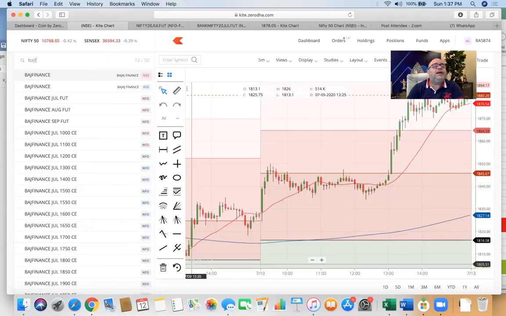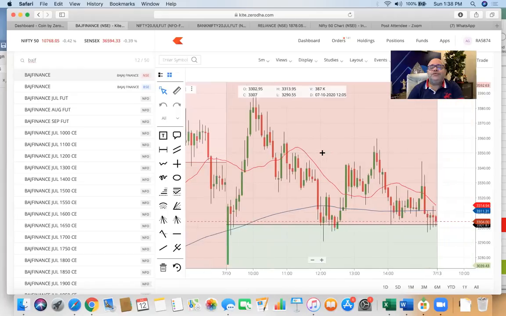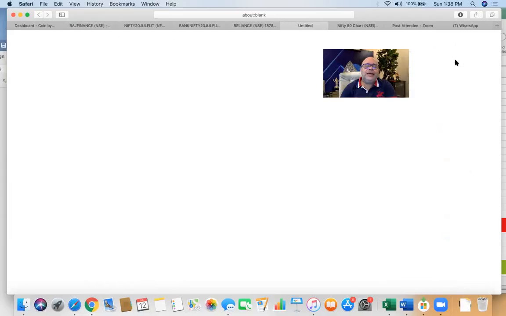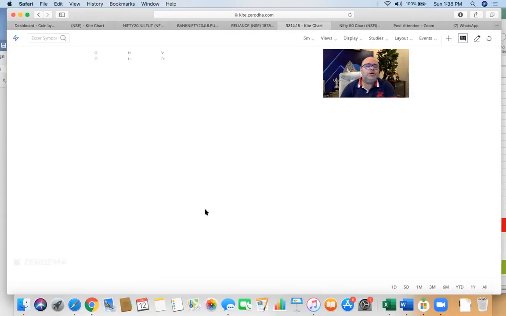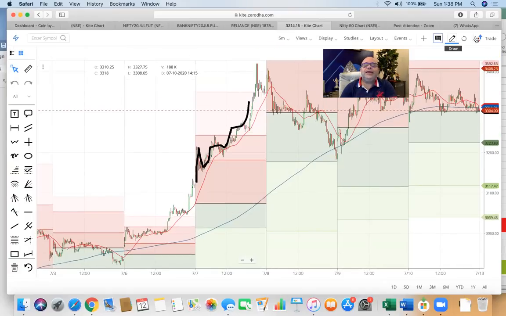We have Bajaj Finance. Again, trendy chart, which is the best for taking intraday style trades. You can have your own list of 5, 7 stocks, 2 indices, and that should work okay. So let's start here.